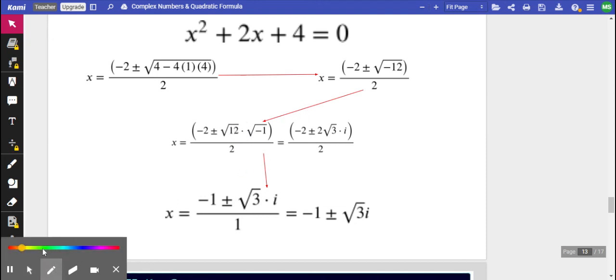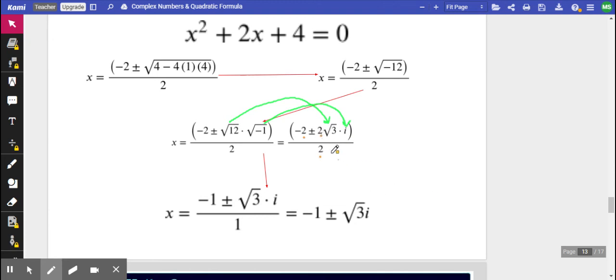So the square root of 12 would become 2 root 3, and the square root of negative 1 would become i. And then you can see now that we've done that, the 2 right here and this 2, we can basically divide all those 2's out, and we end up with negative 1 plus or minus root 3 i, without all the 2's in it, over 1, or our final answer of negative 1 plus or minus the square root of 3 times i.